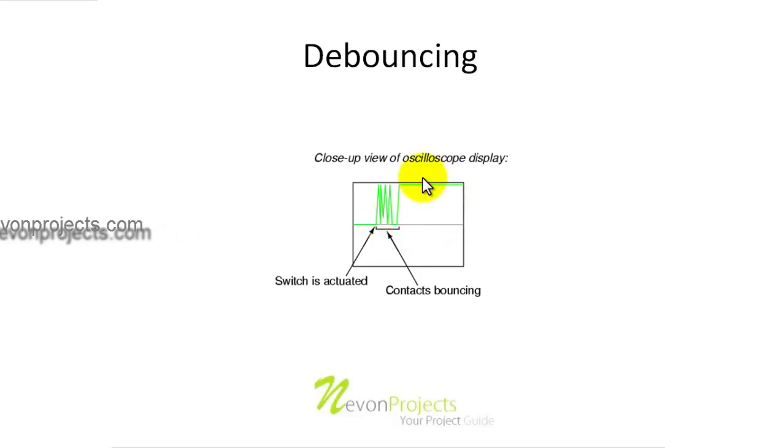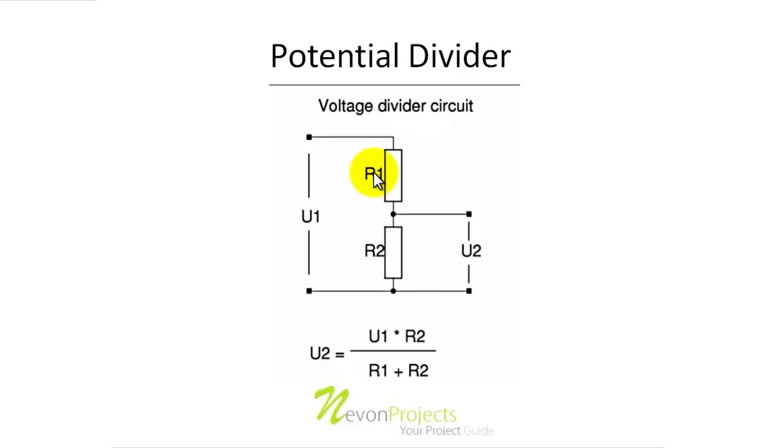So to avoid this condition of debouncing, we use a capacitor in parallel with the switch, so that it suppresses the debouncing conditions. Now let us move to the next section, that is the potential divider.